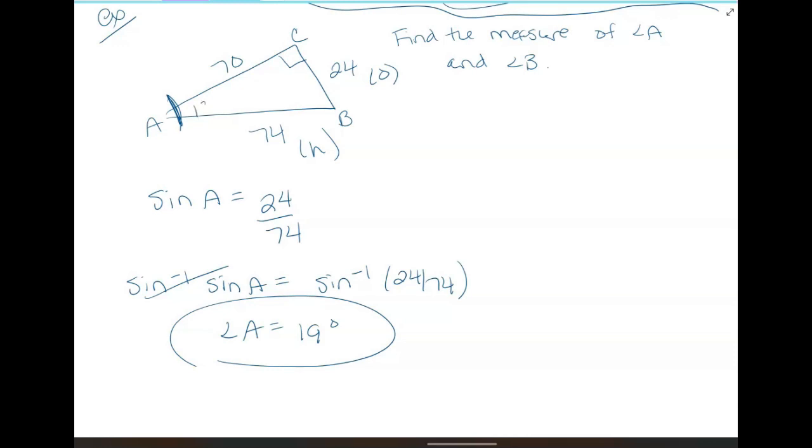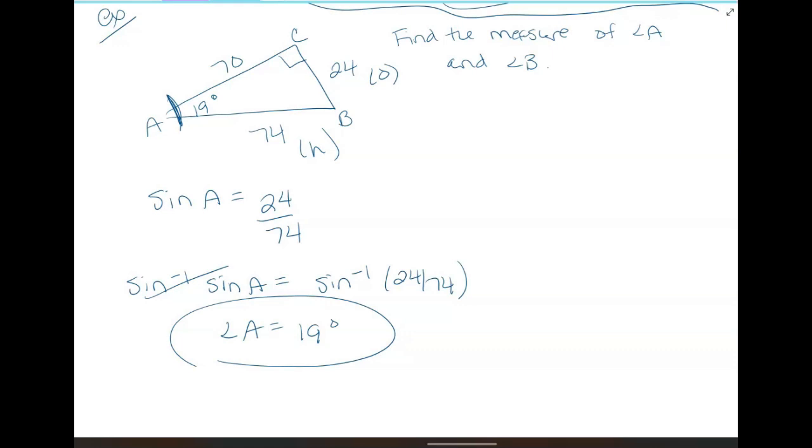All right, so now if they ask us to find angle B, you have 2 options. The first is that, do you remember when we have 2 values in a triangle, and it doesn't even have to be a right triangle, we can simply use the theorem that the angles inside a triangle have to add to 180. So I could just take 180 minus 90 minus 19 and get angle B. But I'm not going to do that.